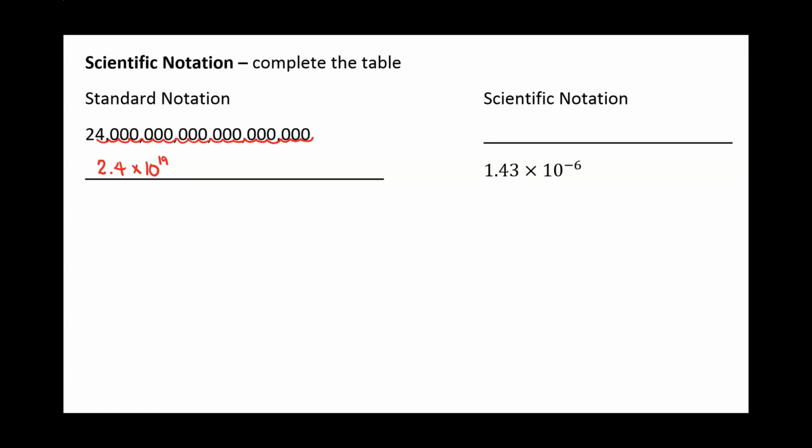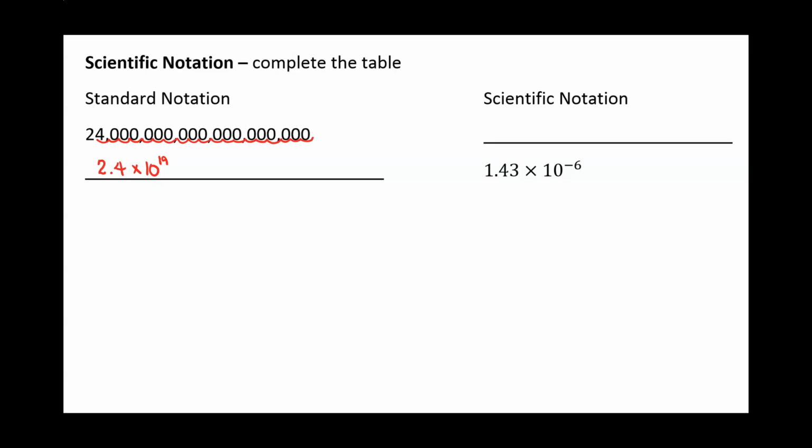If I go through and count, literally starting at this end and saying, okay, I've gone 1, 2, 3, 4, 5, 6, we get the idea that it has moved 19 times. So if I have scientific notation raised to a positive exponent, it's going to make that number bigger. But over here, you'll notice that I have scientific notation raised to a negative exponent. That's going to make the number smaller.